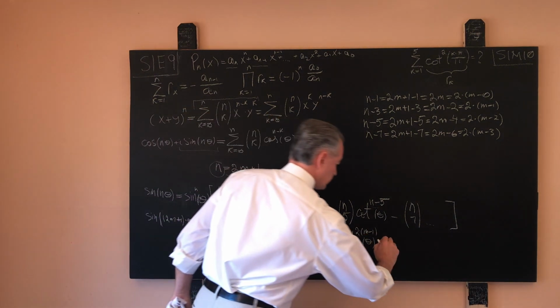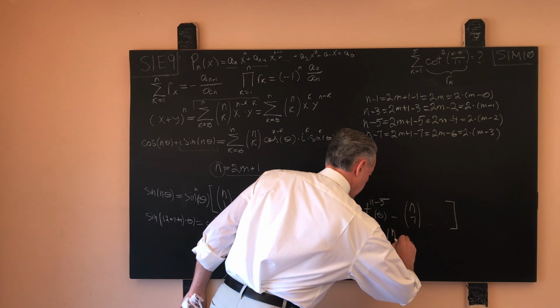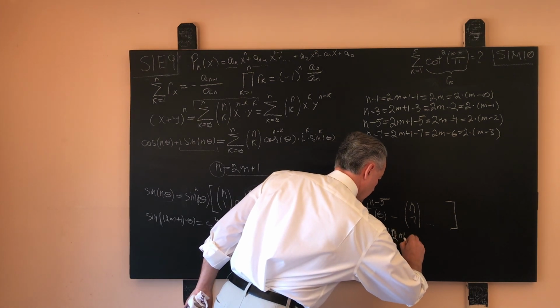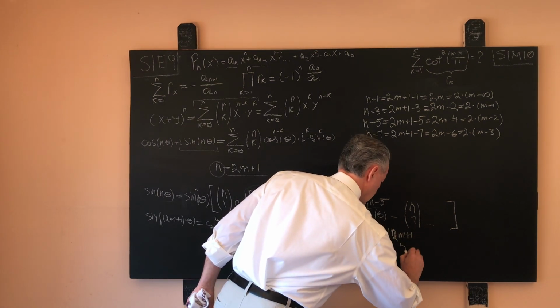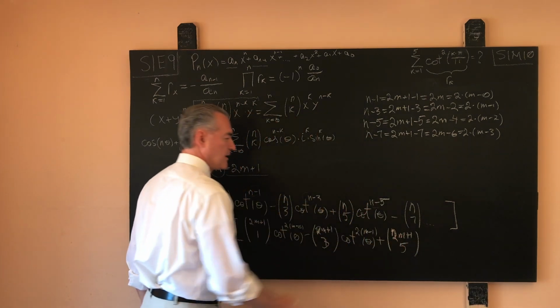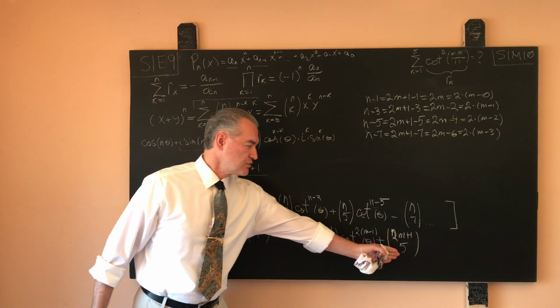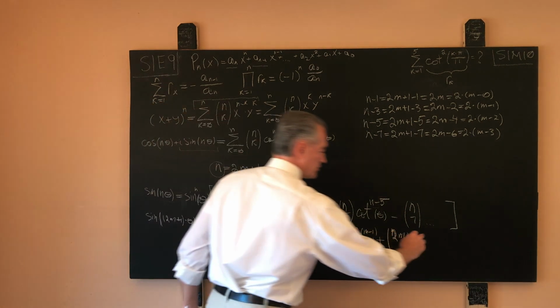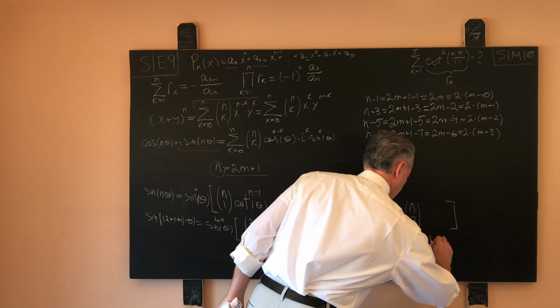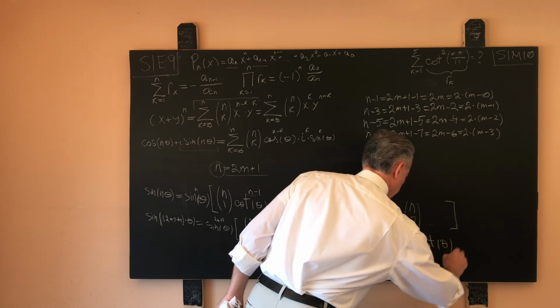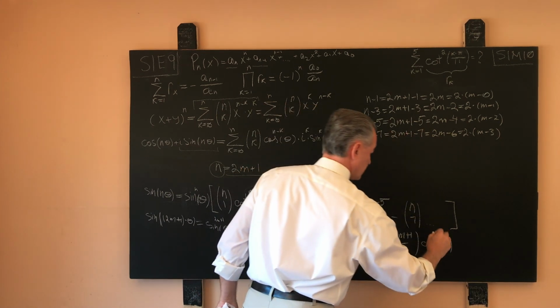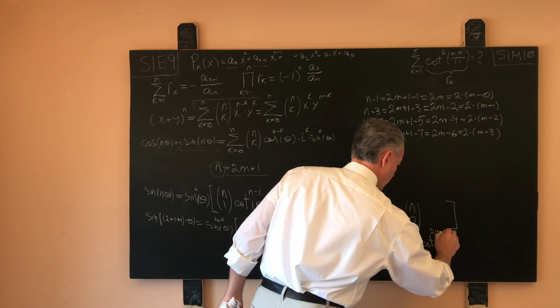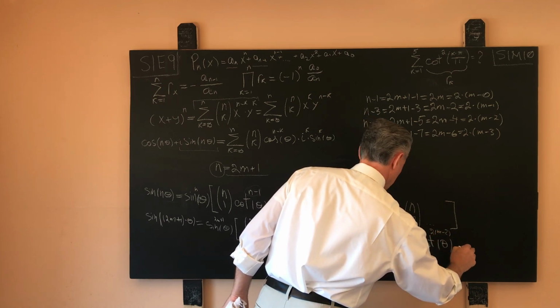Next, we will have plus 2m plus 1 over 5 for the binomial coefficient, 2m plus 1 choose 5. And for the cotangent of the angle theta, we'll have 2m minus 2 and so on.